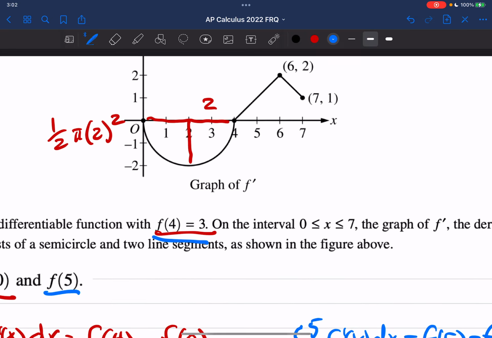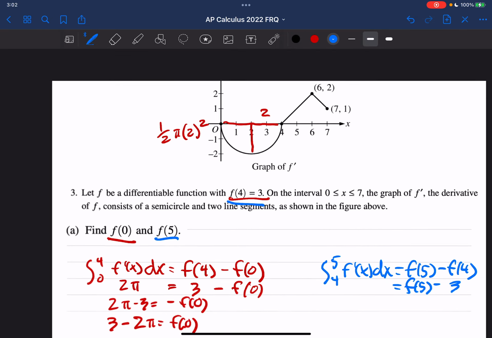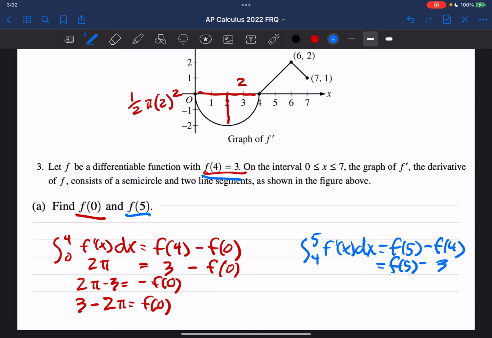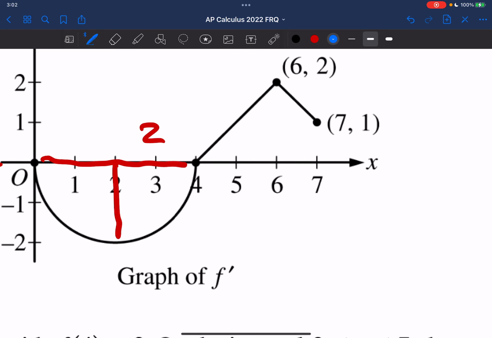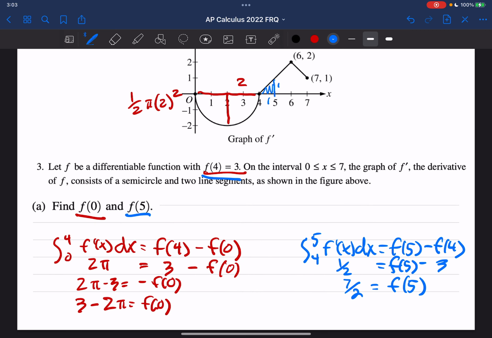Now we have to find the integral from 4 to 5, so that is this area right here. So this is a triangle, base of 1, height of 1, so this is 1/2. So we add 3, and that means we get 7/2 for f of 5. And that is part A.